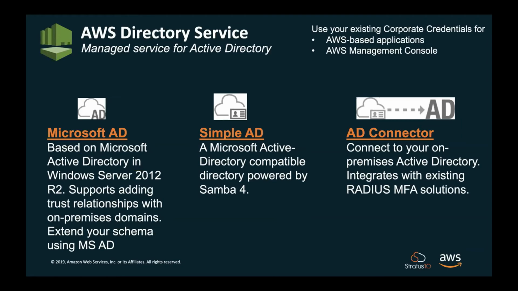Simple AD is for when you don't necessarily need a trust relationship, but you just need a quick, easy Active Directory configuration. Or if you want to make sure your Active Directory is set up to use your on-premise Active Directory, there's an AD Connector service as well.